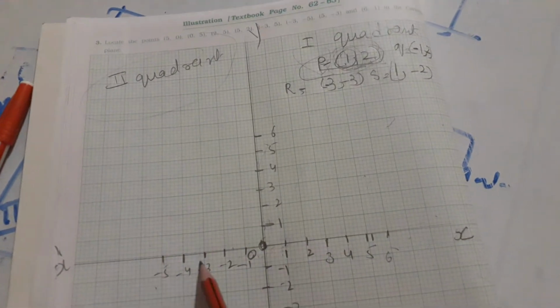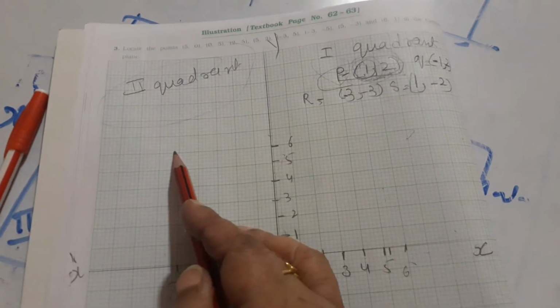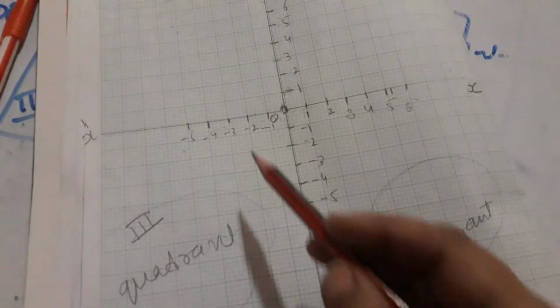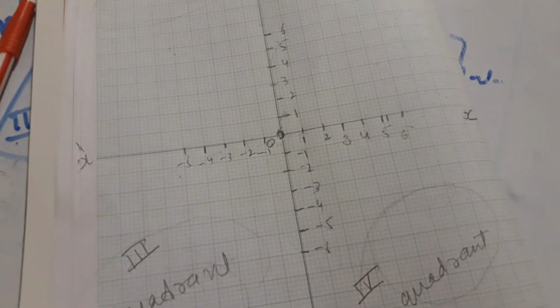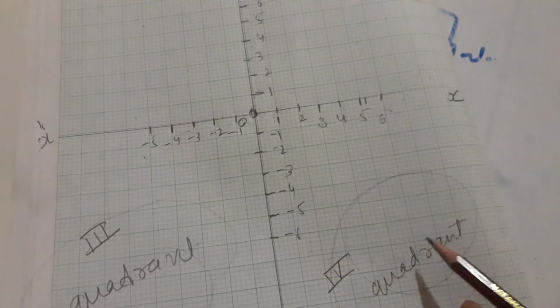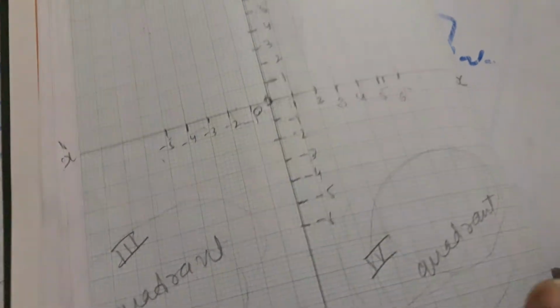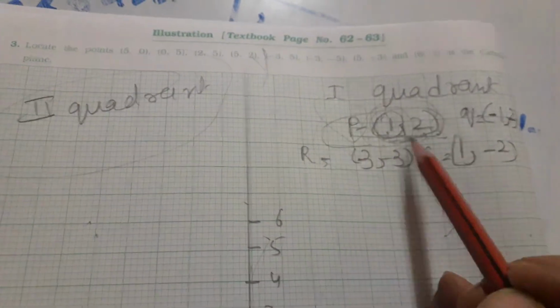X-axis above, y-axis left side, second quadrant. X-axis below and y-axis left side, third quadrant. X-axis below and y-axis right side, fourth quadrant. Now we have to represent this 1 and 2 on the plane.